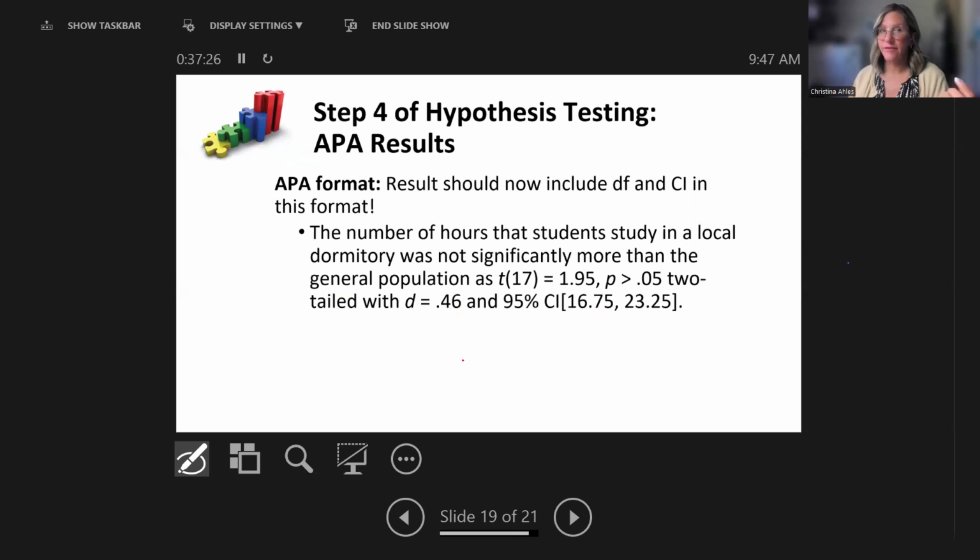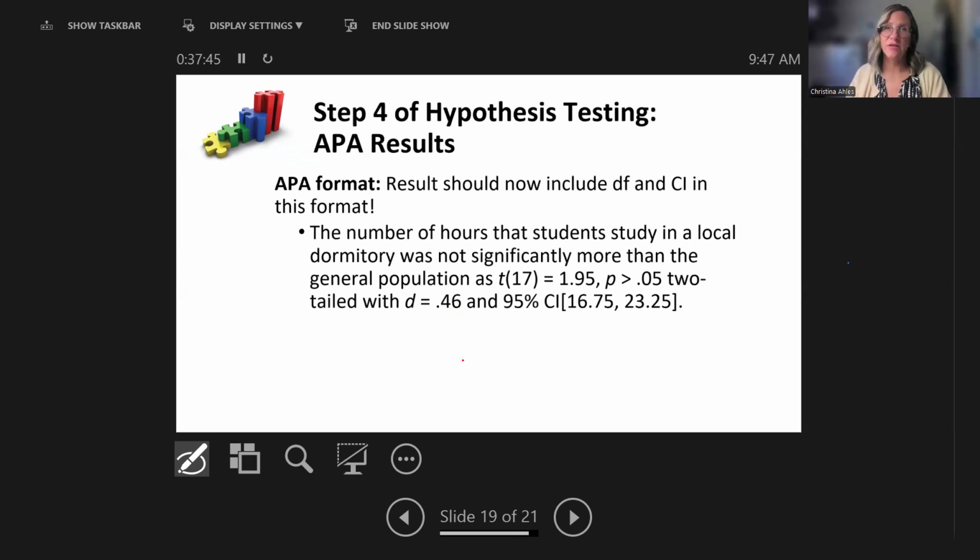So it wasn't significant, so now we just basically regurgitate our null hypothesis. But our format changes a little bit because there's not just one distribution for this test. There's a distribution for every degrees of freedom.